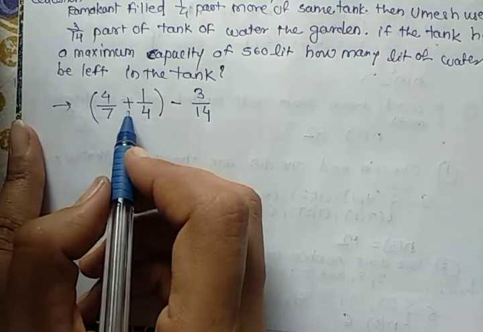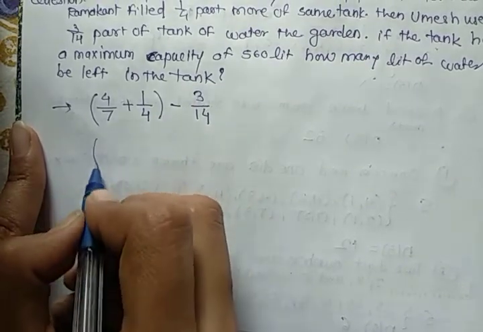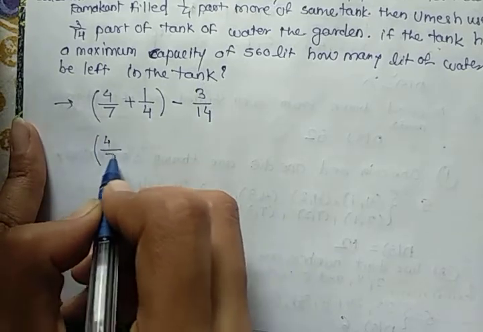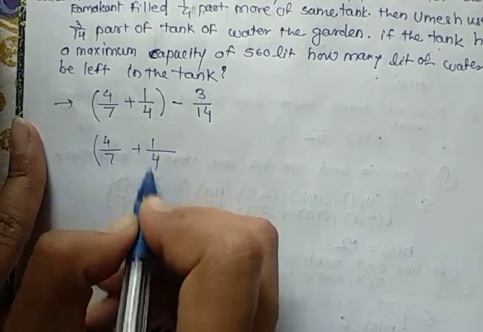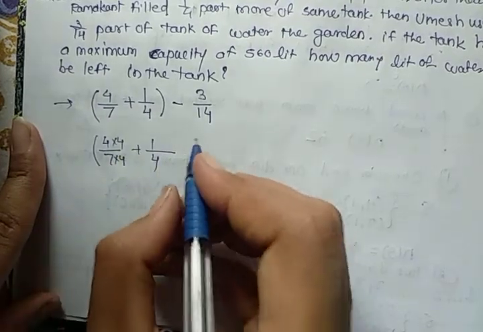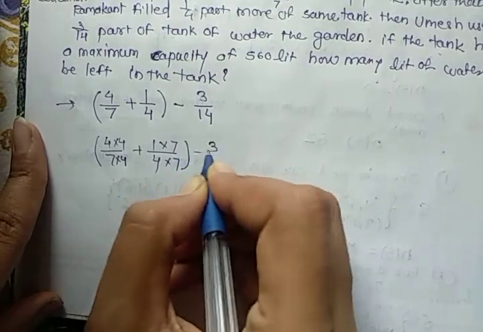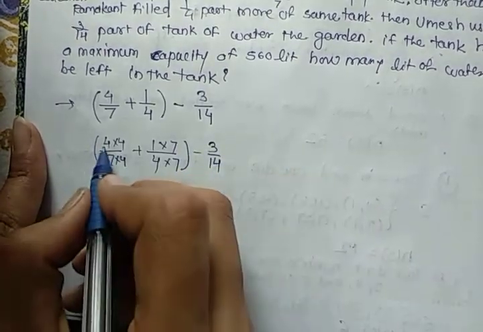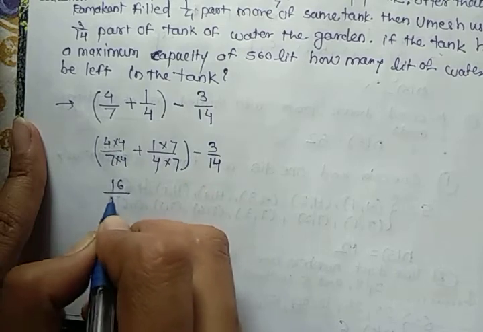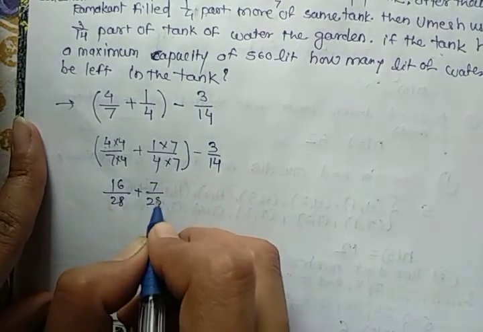Here the denominators of these fractions are not the same, so first make them the same. 4 upon 7 plus 1 upon 4, multiply by 4 to the first fraction and multiply by 7 to the second fraction, minus 3 upon 14. 4 sevens are 28, 4 fours are 16 upon 28 plus 7 upon 28.